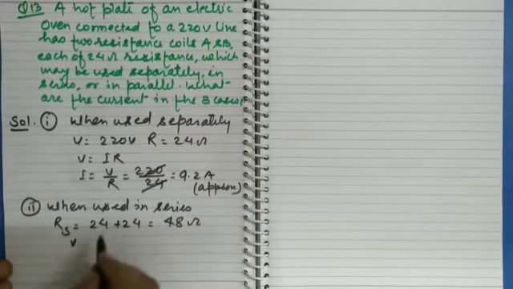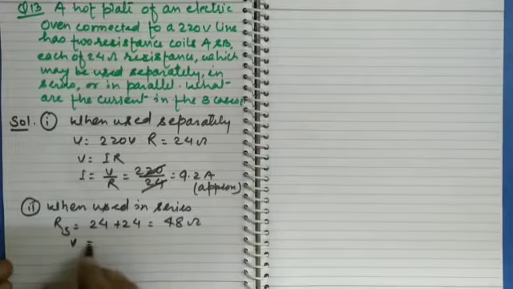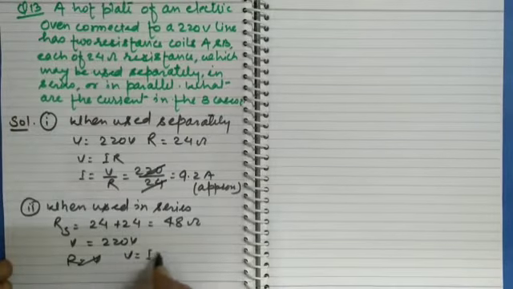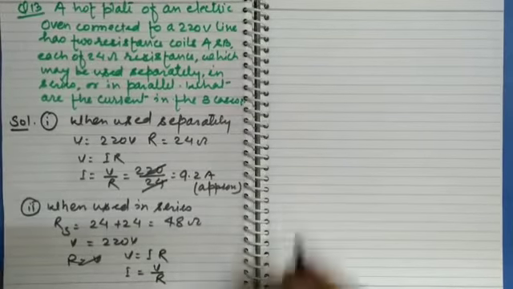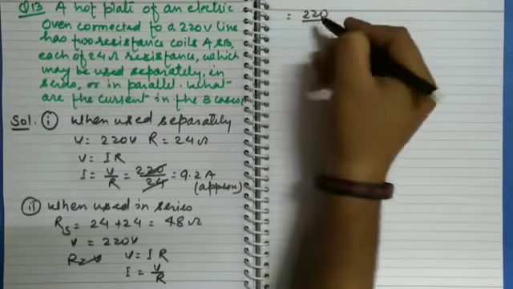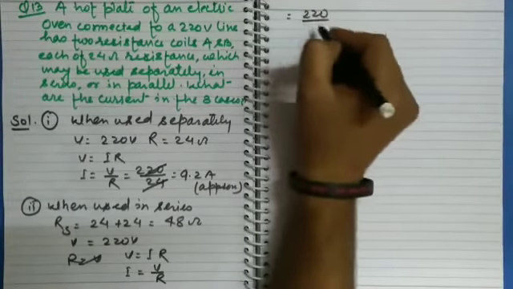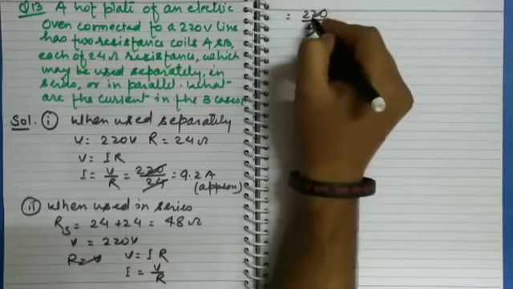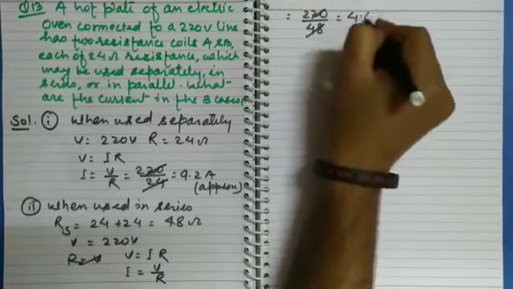V equals 220 volt. V equals IR, so I equals V by R equals 220 by 48, equals 4.6 ampere approximately.